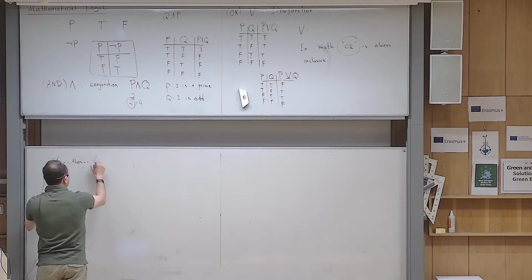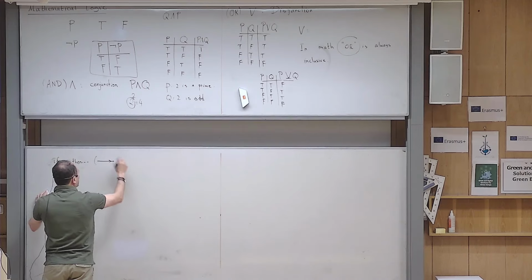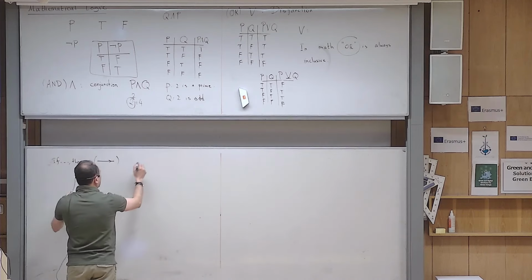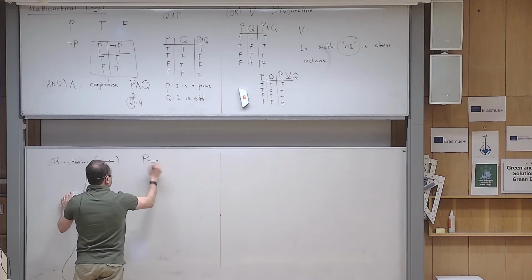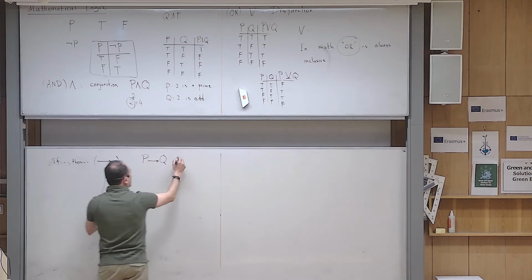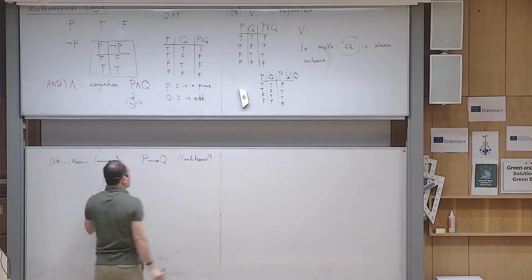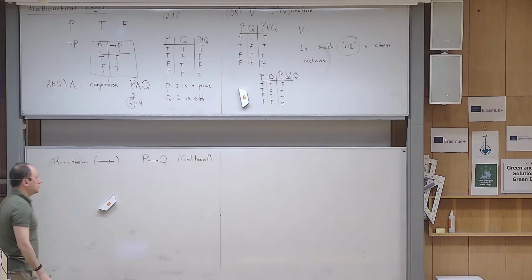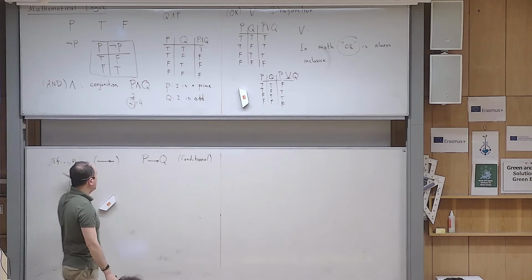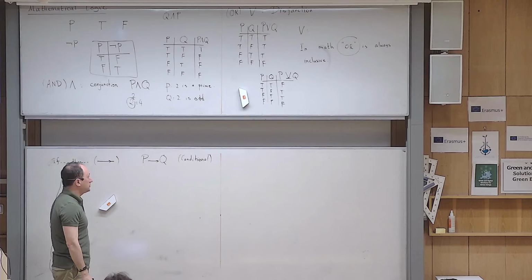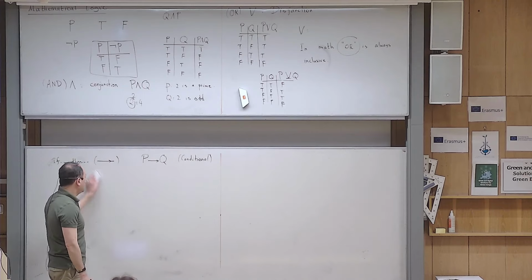This symbol is just the arrow from left to right, and "if P then Q" is called a conditional. So remember, we had two propositions, we combined them with this, and this is a new proposition, which is called the conditional.